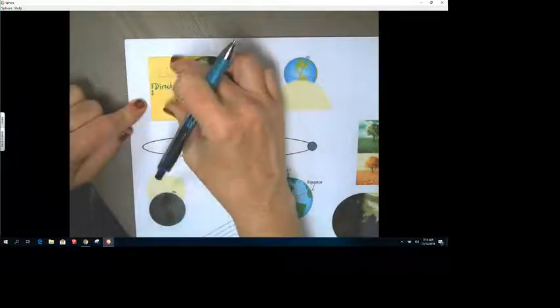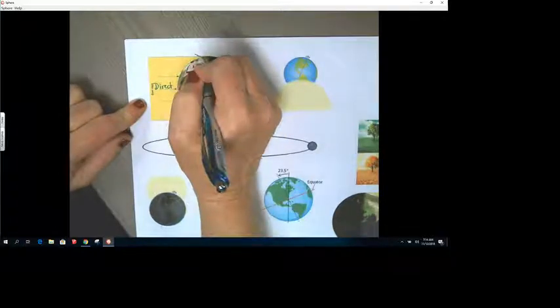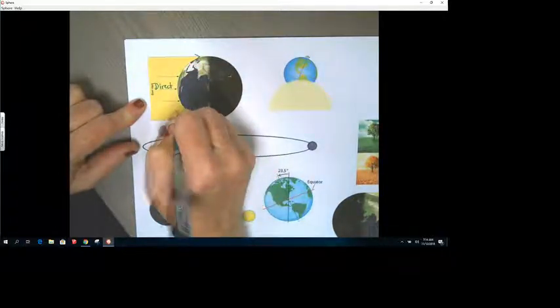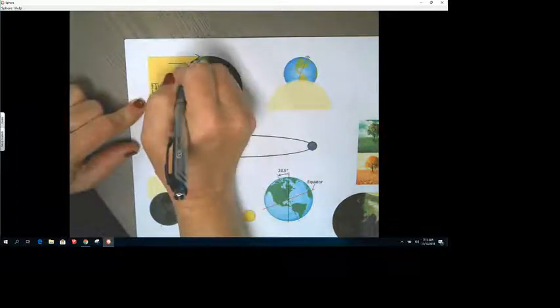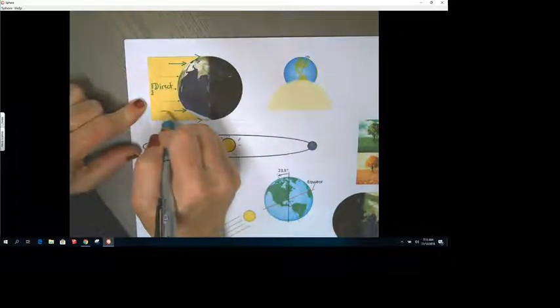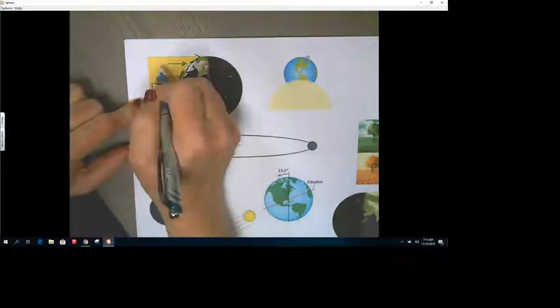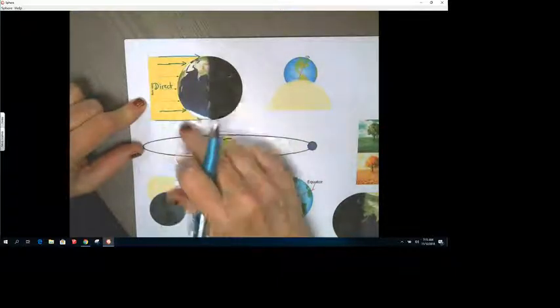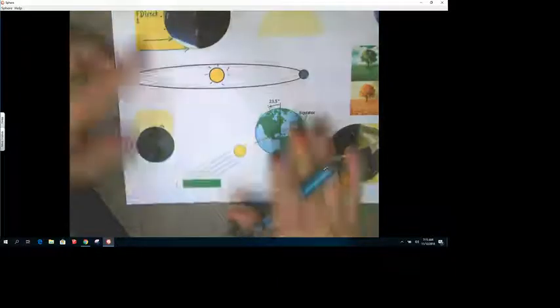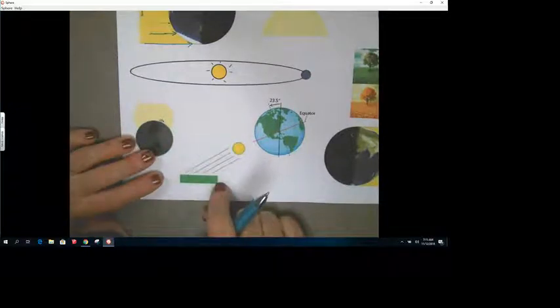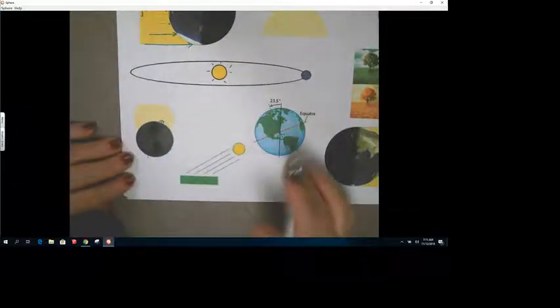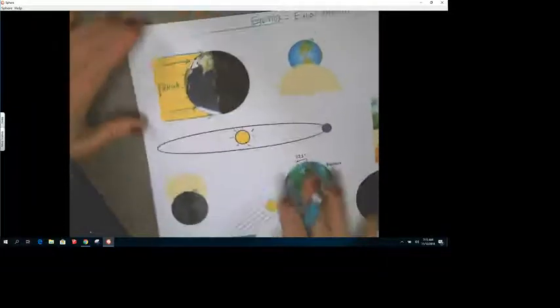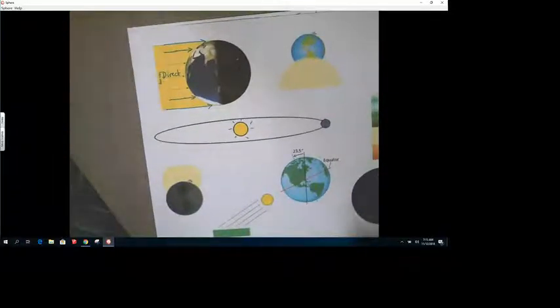As we go up here, and even in this area, if I was to pull this back here, notice that as my arrows get longer, I'm spreading out my light more, so it looks more like this. So we have what is called indirect. And indirect can bring cooler temperatures. It can bring less amounts of night and day, depending upon which way the earth is tilted.